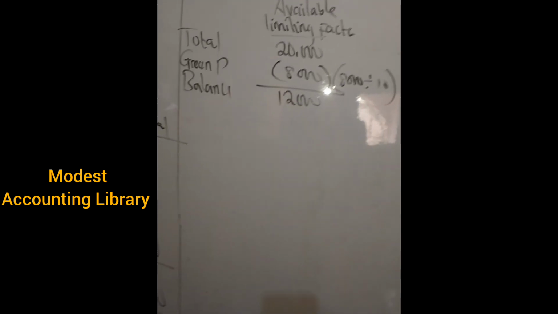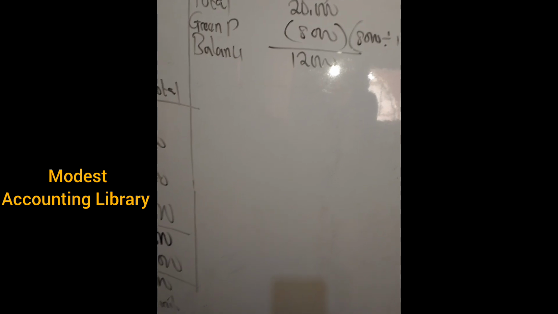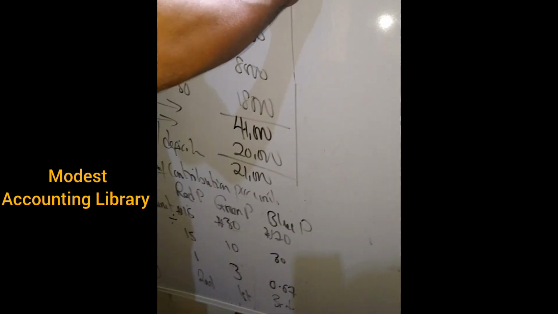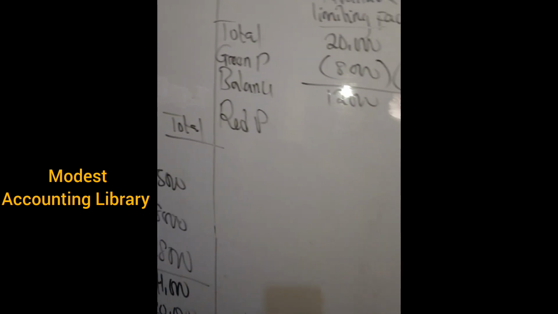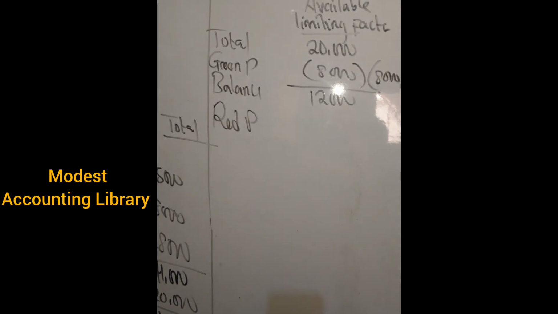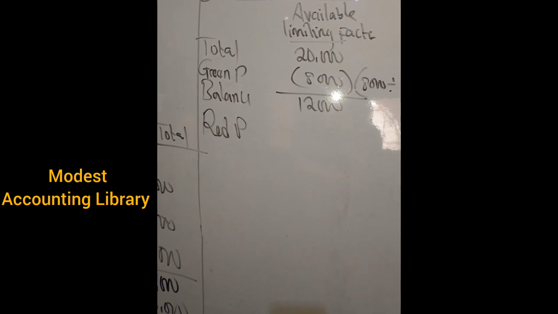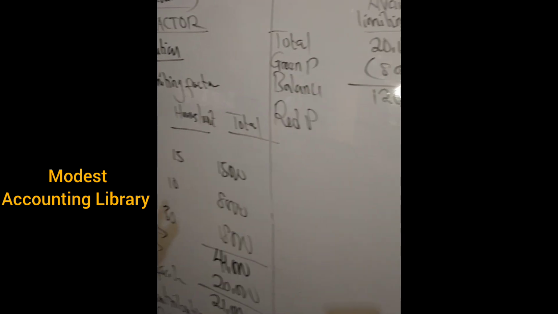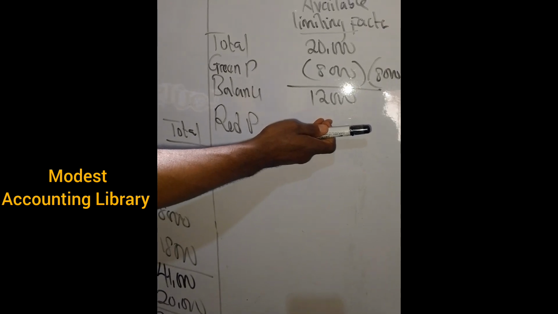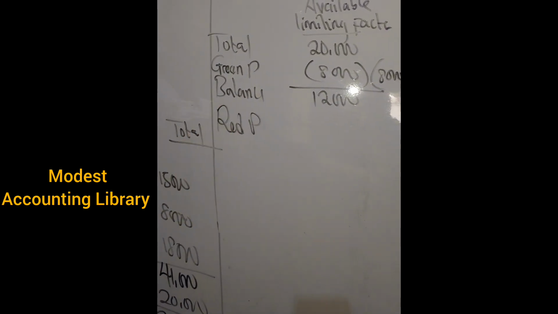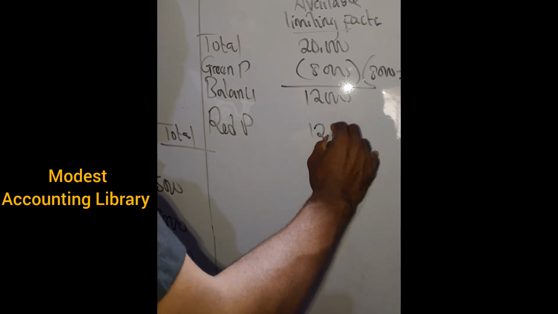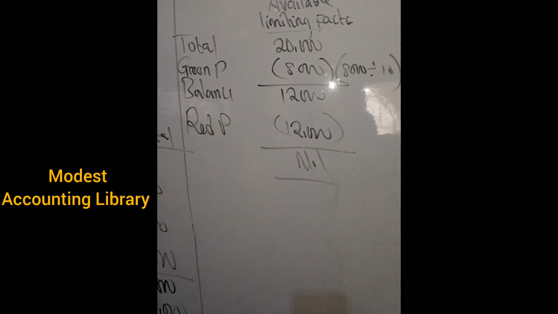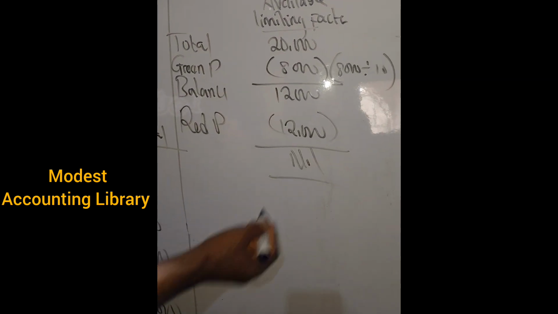Now the next allocation, number 2 on the ranking, is red P. So I'm going to bring red P here. How many does red P require? Red P requires 15,000, right? But what is available? We have 12,000. So we are only going to allocate 12,000 to red P. 12,000 minus 12,000, nil.